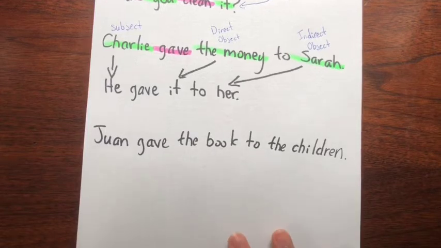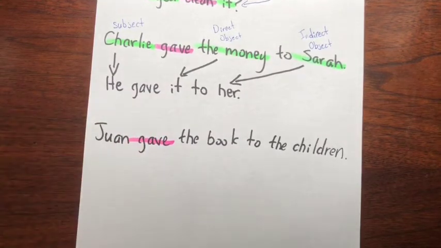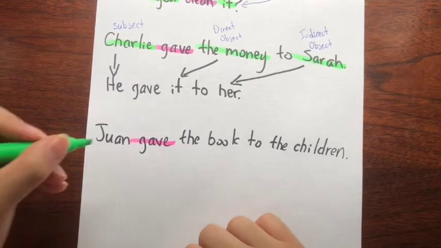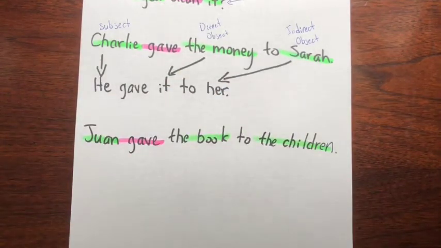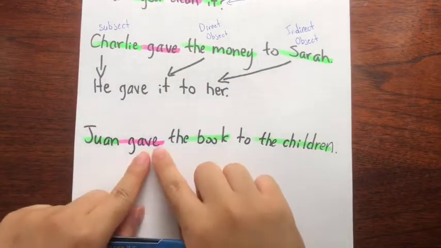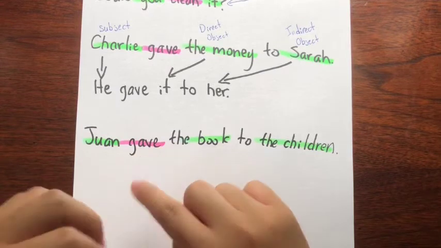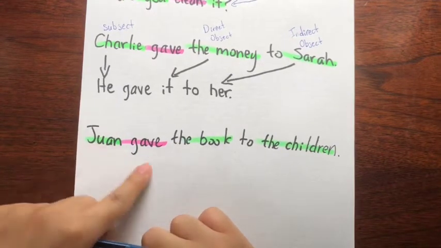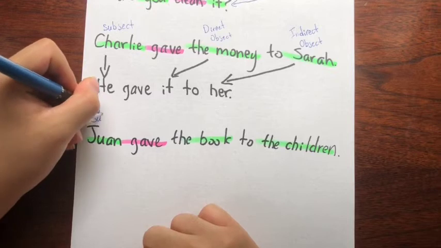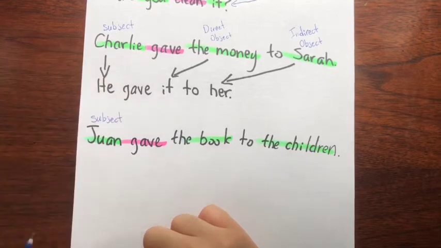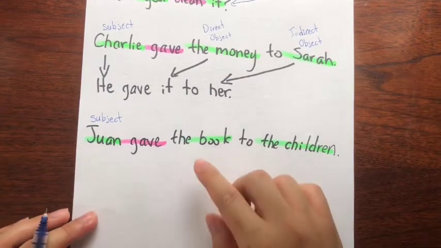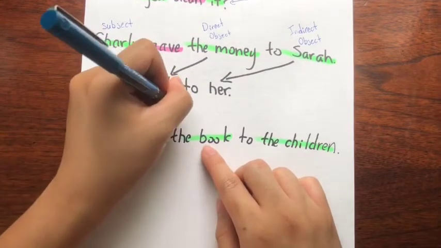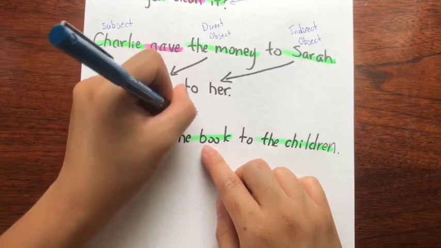The verb is gave. The nouns are Juan, the book, and the children. So, gave. Who gave? Juan. Juan gave. So Juan is the subject. Juan gave what? What did Juan give? He gave the book. So the book is the direct object.